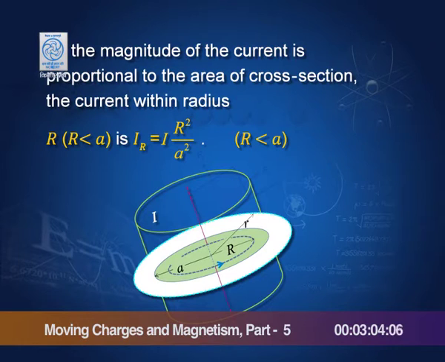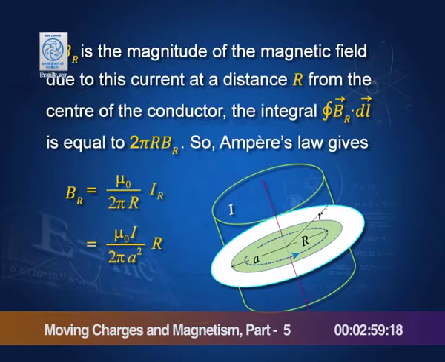Now, you consider the loop of radius r, and again, because of symmetry, the magnetic field must be constant. The integral of dl in this case would be 2 pi r.